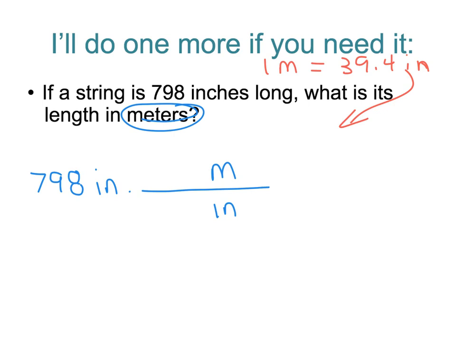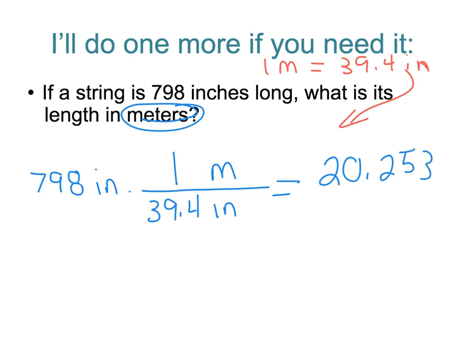I'm going to put the 39.4 in the denominator. It's equal to 1 meter. Now I'm going to pick up my calculator and I'm going to do the math. I'm going to take 798 and divide by 39.4, and the calculator gives me a value of 20.253.